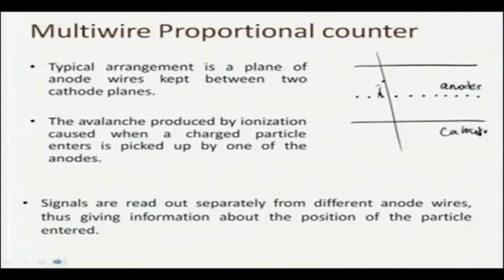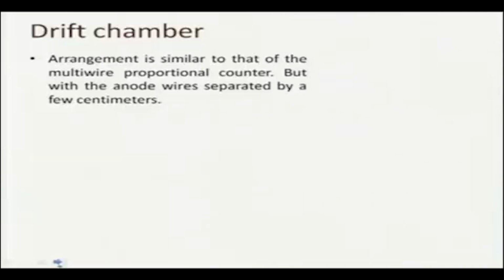So, we know which anode wire is picking up the avalanche or the shower due to the ionization of the gas, and from that we will know roughly which way the particle has passed through. Okay. So, this is additional information that you can get.